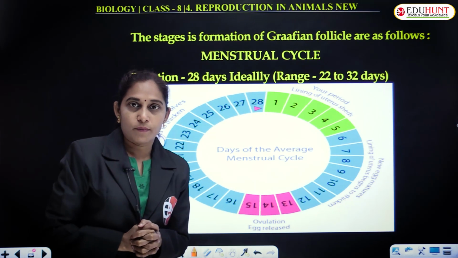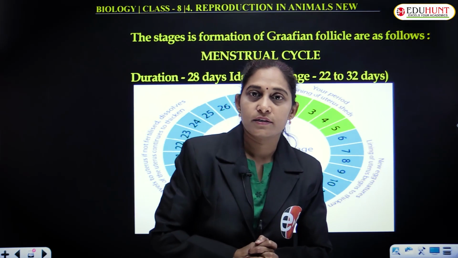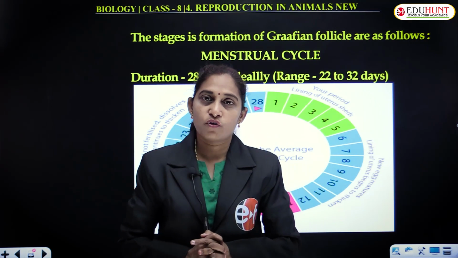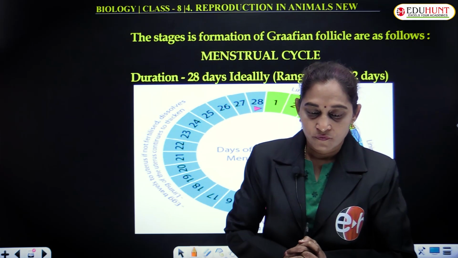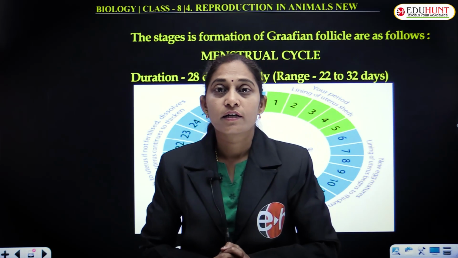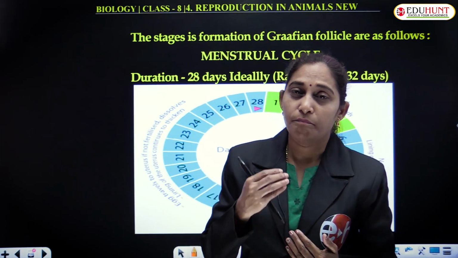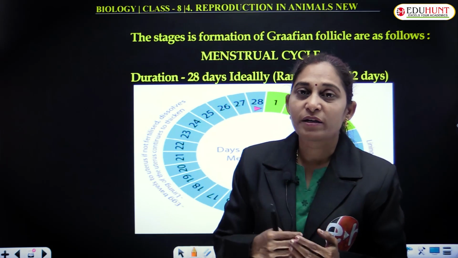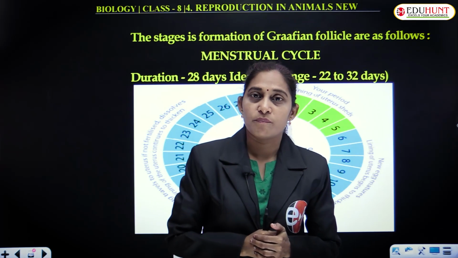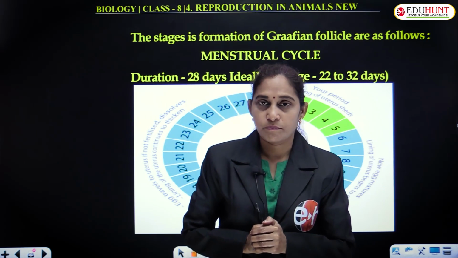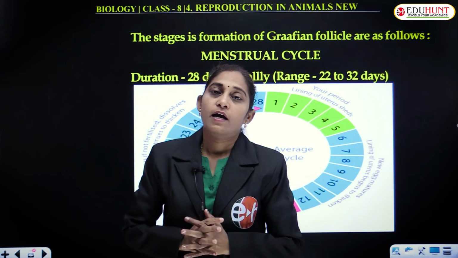What is meant by menstrual cycle? During the process of ovulation, after releasing the ovum, if it is not fertilized by a functional sperm, which must reach the ovum at the time of maturity, what happens?